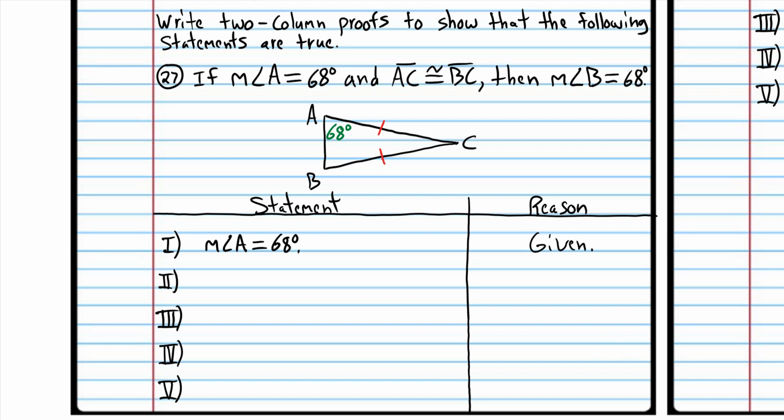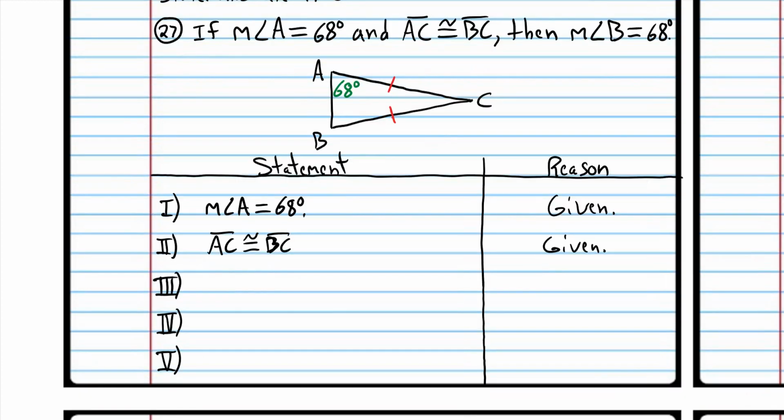This is going to be an isosceles triangle proof. And we know that side AC is congruent to side BC. That's a given. Now we know that angle A must be congruent to angle B. Now how do we know that?